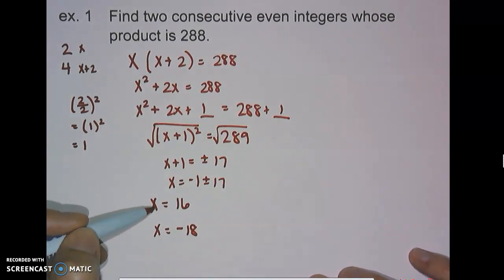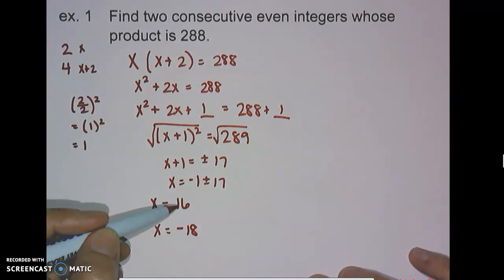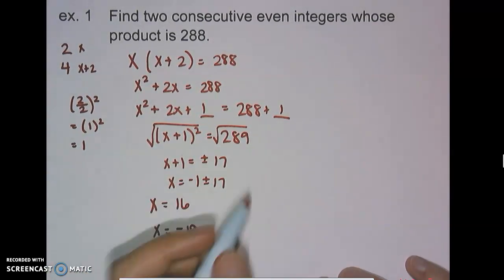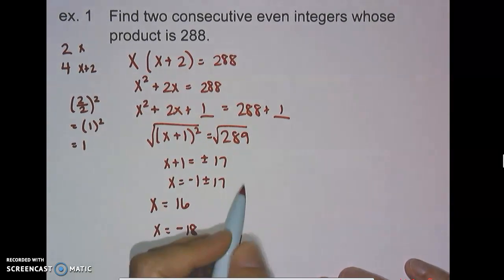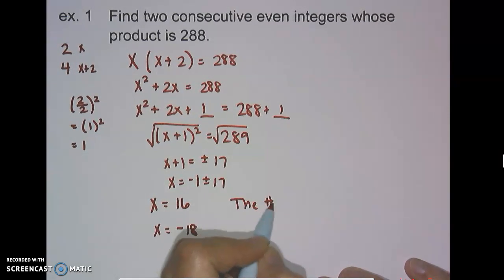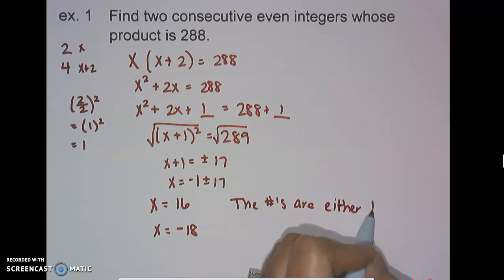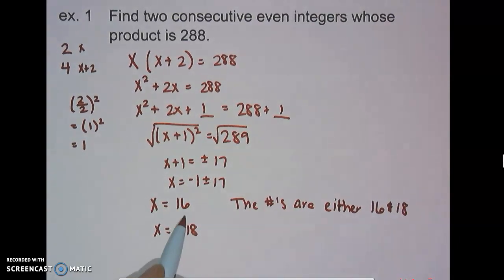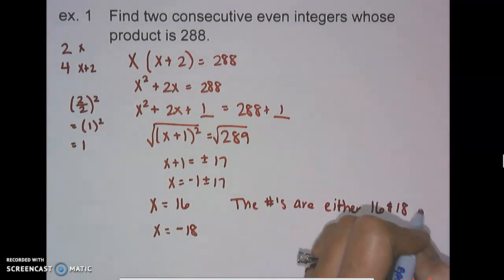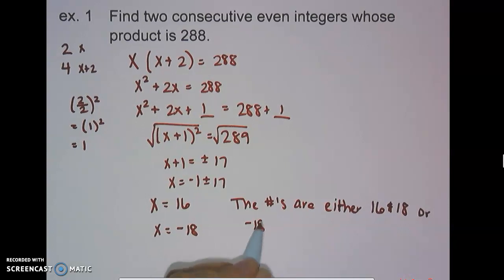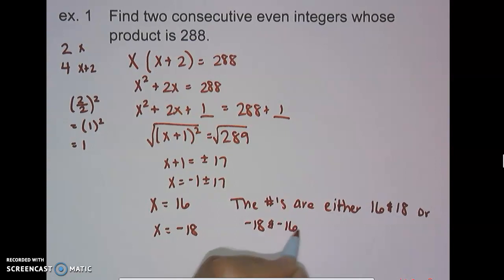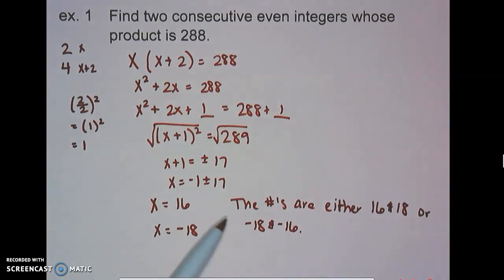Now keep in mind, 16 is just the first even integer, so if this was the case, we would say the numbers are either 16 and 18, because if 16 is the first even integer, then 18 has to be the second even integer, because a positive times a positive gives us a positive. Or if negative 18 is the first integer and we add 2 to it, negative 16 would be the other number. So there are two sets of answers to this question.